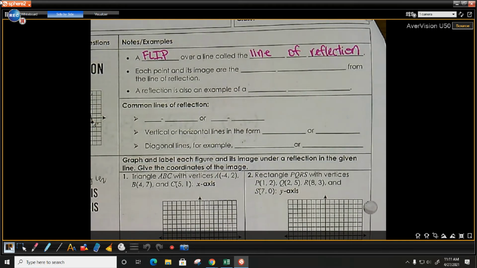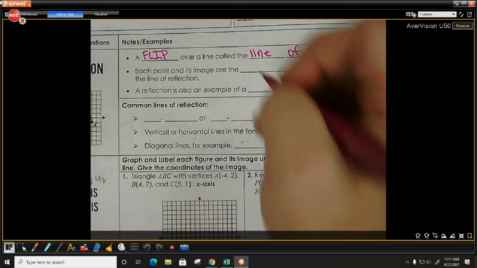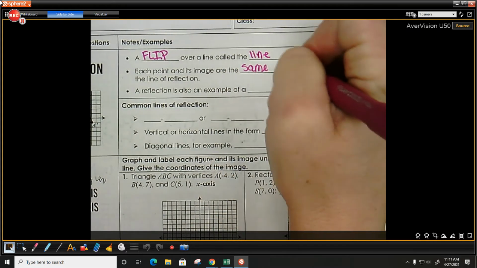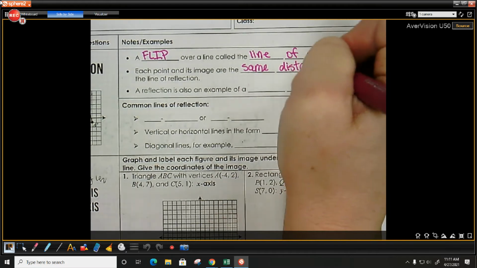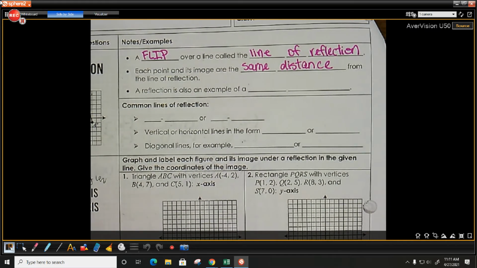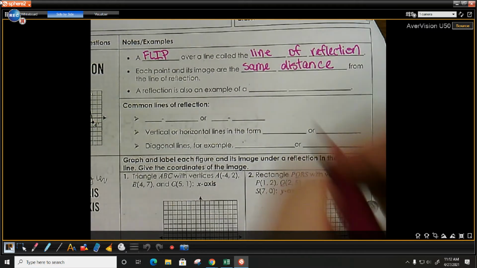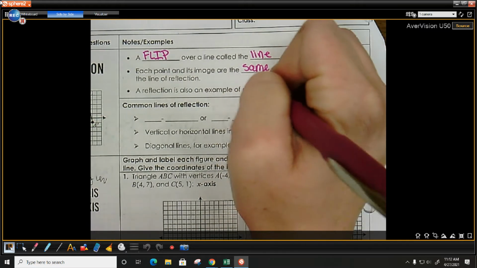Each point in its image are the same distance from the line of reflection. A reflection is an example of what kind of motion? Rigid, because it preserves congruency.